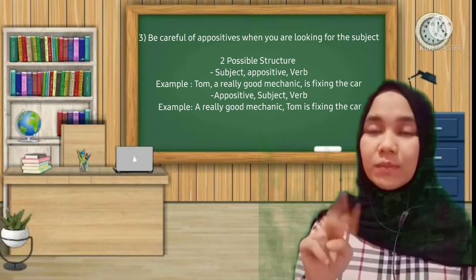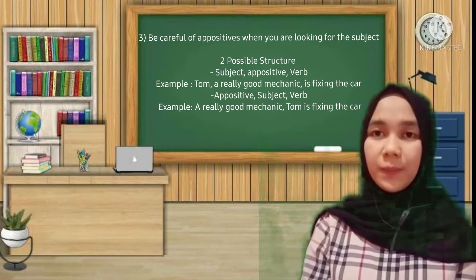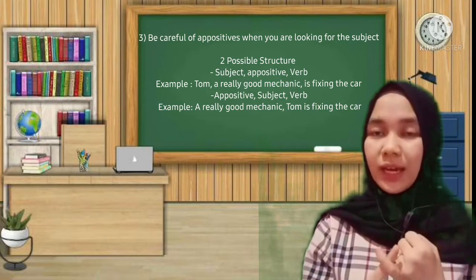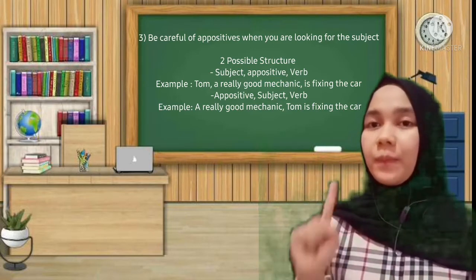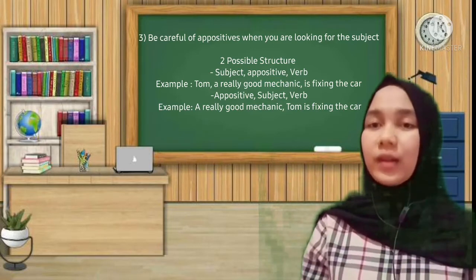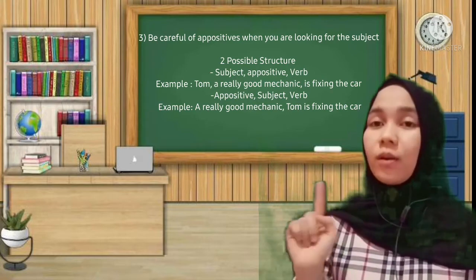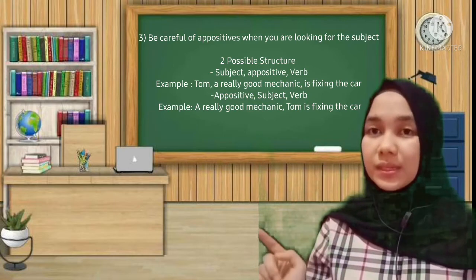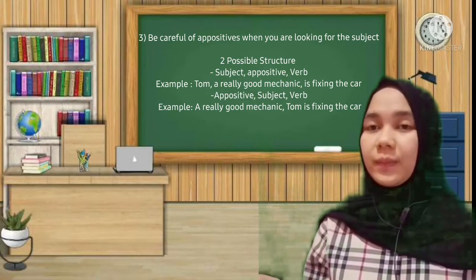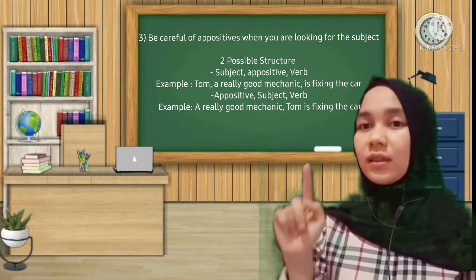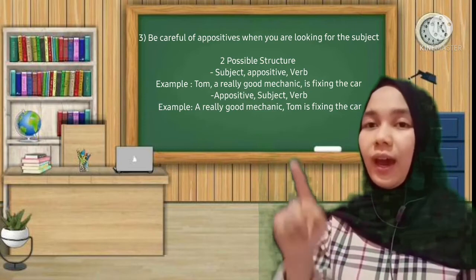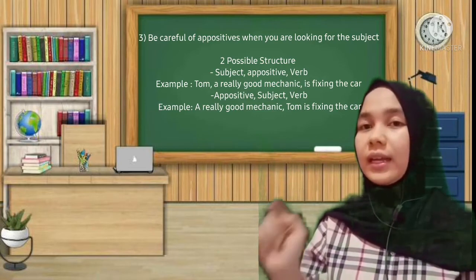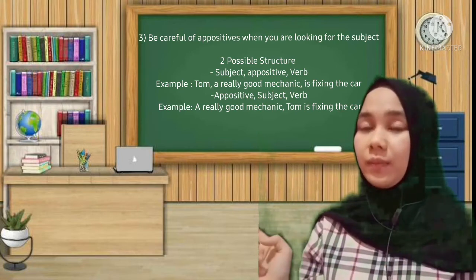There are two possible structures of appositive. The first is subject, appositive, verb. For example, Tom, a really good mechanic, is fixing the car. From the sentence, Tom is the subject, a really good mechanic is the appositive, and is fixing is the verb.